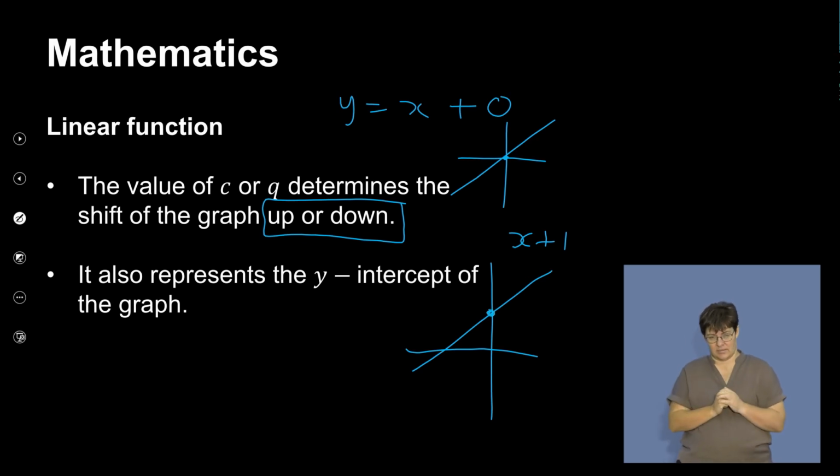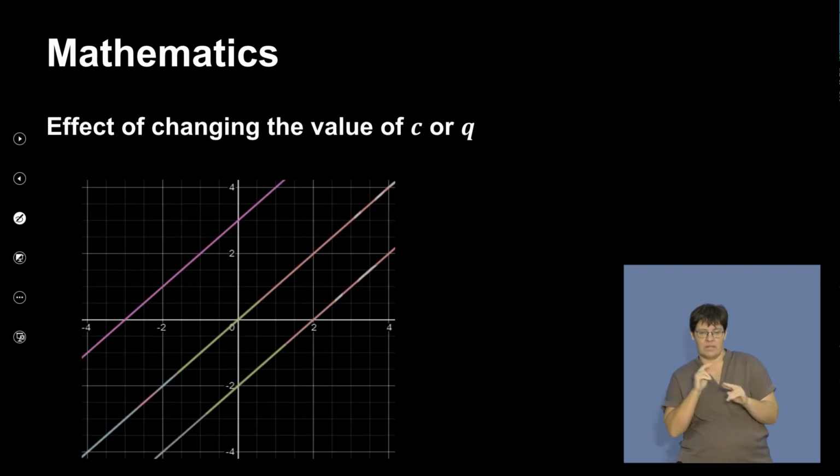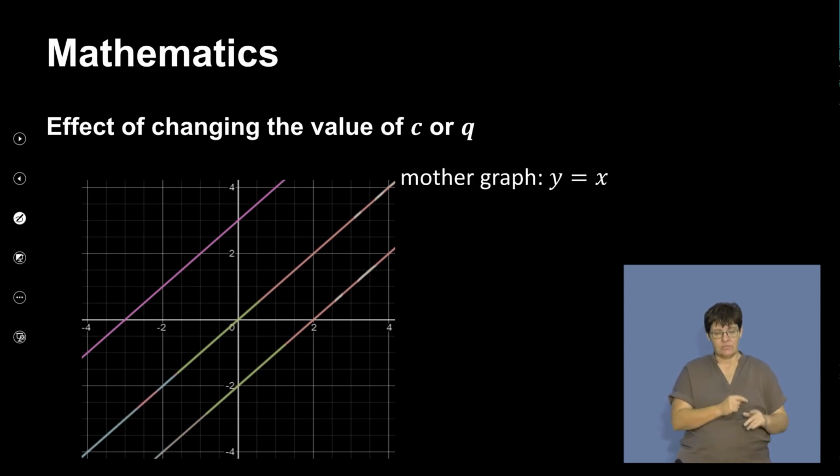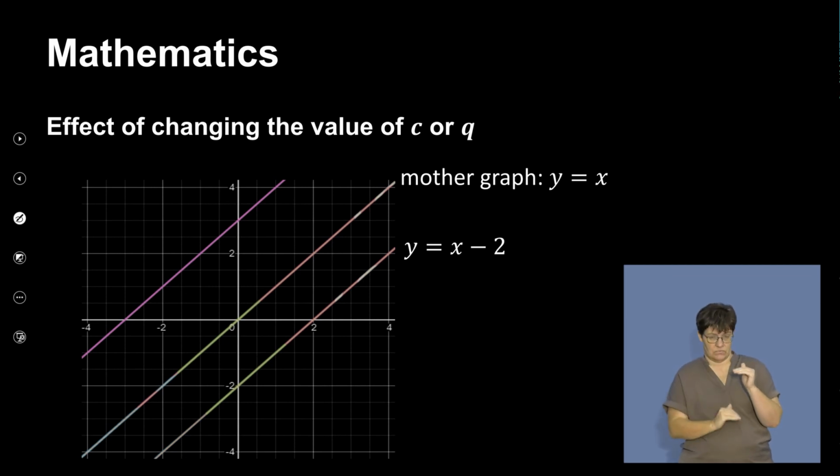So that's why I'm saying you shift it 1 unit up, 1 unit down, 2 units up, 2 units down, depending on what the graph is. So remember again, my mother graph here will be y equals x. And then you can always move it up or down depending on what the value is. If I say x minus 2, that simply means it is 2 units downwards, up until it gets to that point.